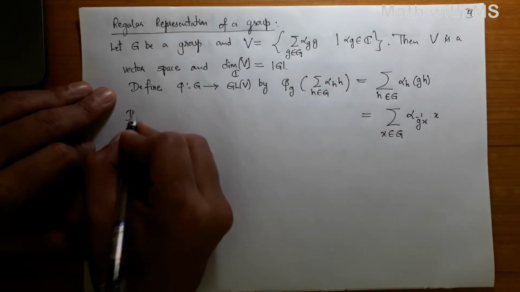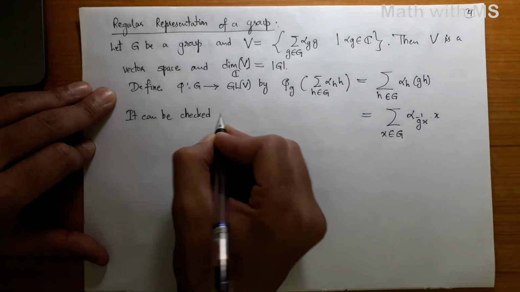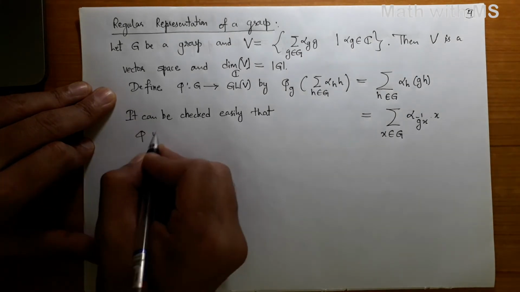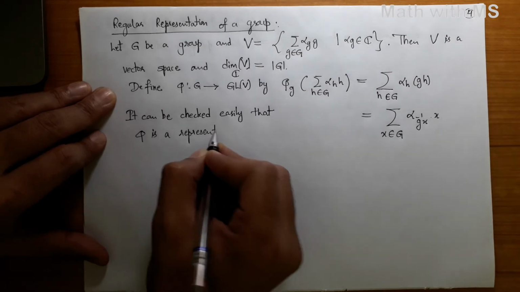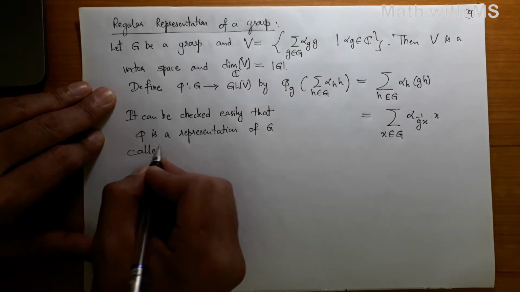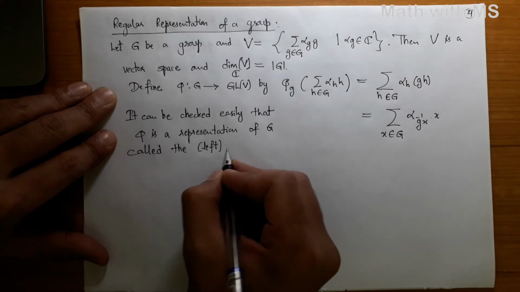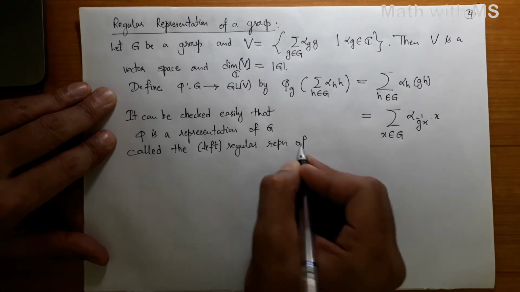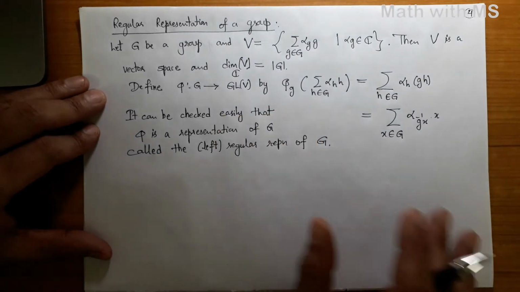It can be checked easily that φ is a homomorphism, hence a representation of G, and this is called the regular representation of G, in our case the left regular representation of our group G. So every group admits this canonical representation.